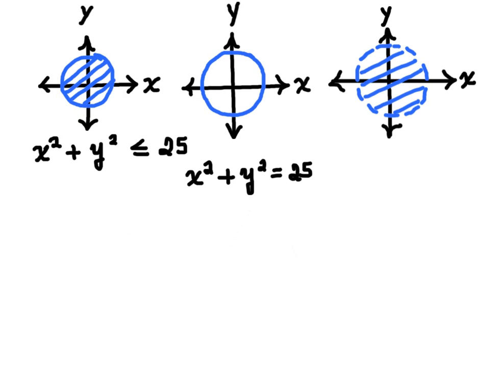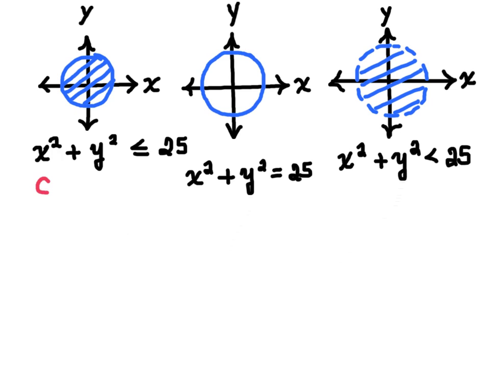In our third graph, what we have is the graph of x squared plus y squared is less than 25. In this case, there's no equal sign, and the graph consists of all points within the circular region, not including the boundary. So in our first case, we say that we have a closed region.